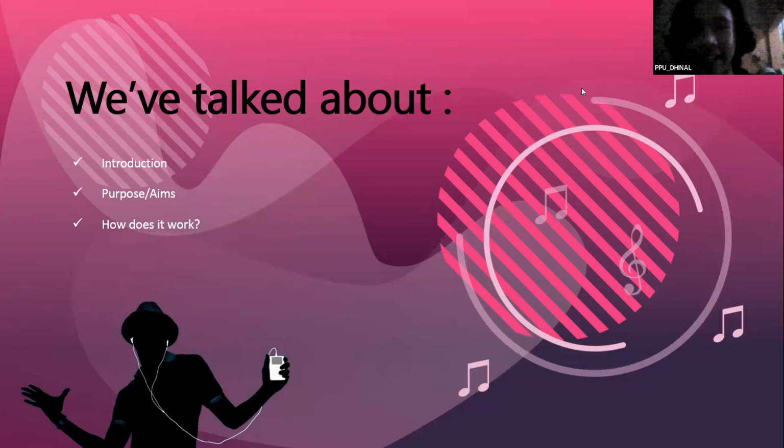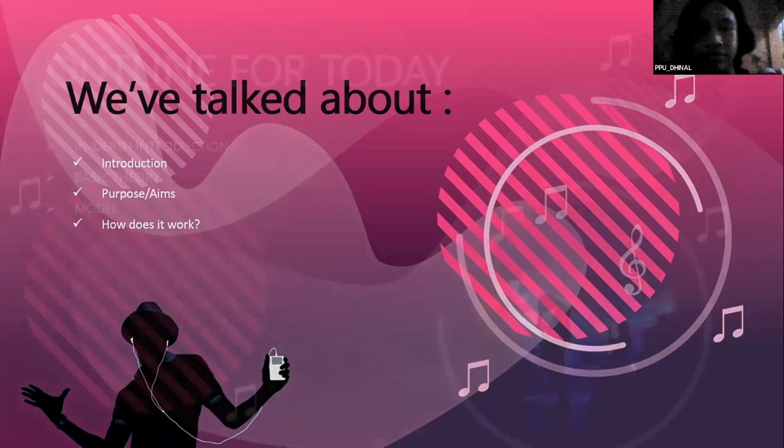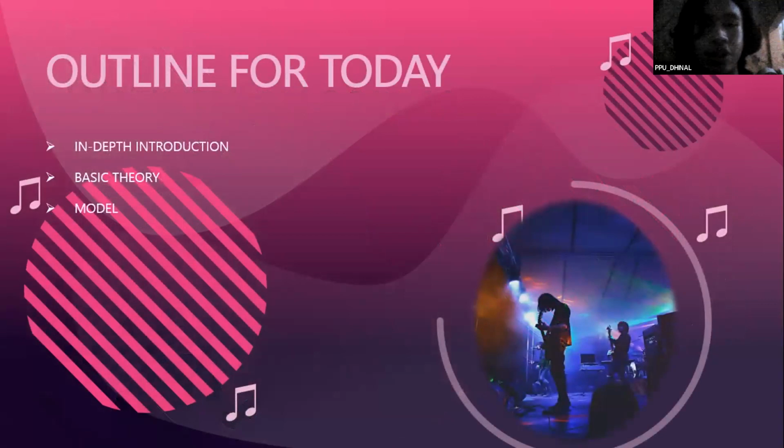Moving on, here is the outline for today. For today's material, I'm going to deliver the introduction, but in more depth, digging deeper from the introduction. Then there's the basic theory about synthesizers. And lastly, there's the model, like how the synthesizer is formed.